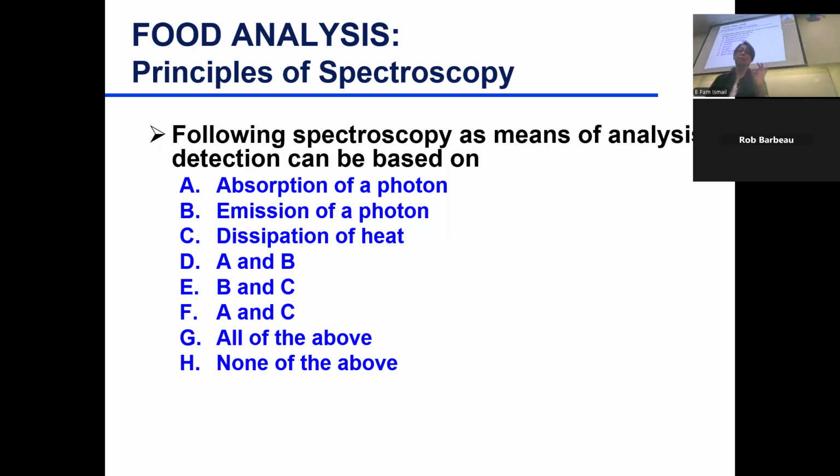Yeah, there is a little bit of dissipation of heat. Some molecules and atoms actually emit energy in the form of light and also dissipate some heat, but the dissipation of heat is very, very small, cannot be measured, so it's not used as a way for detection and quantification. So only A and B.